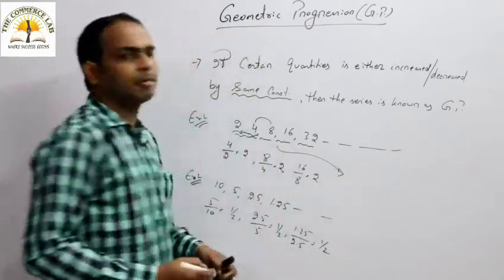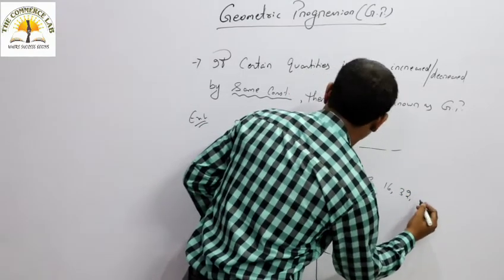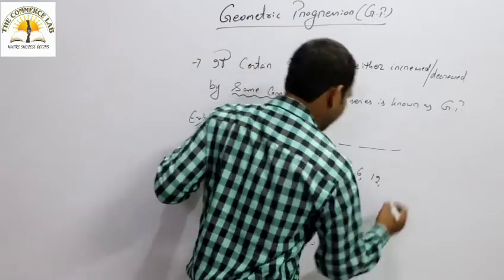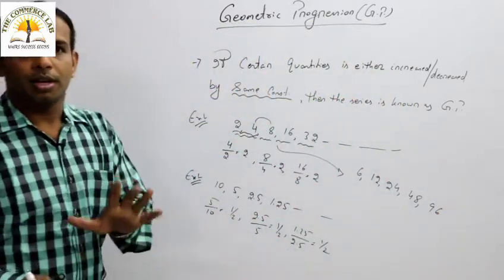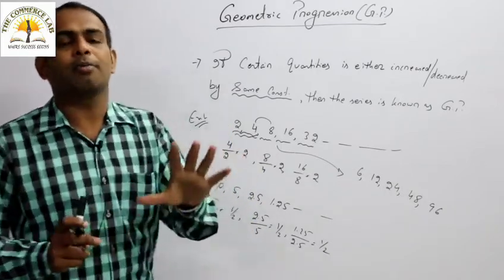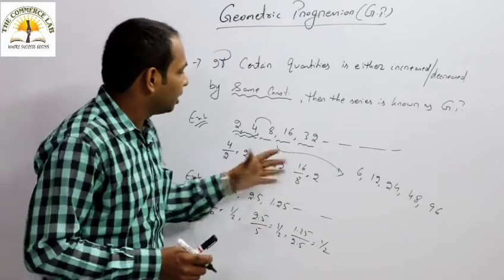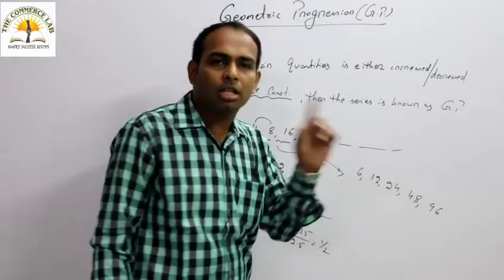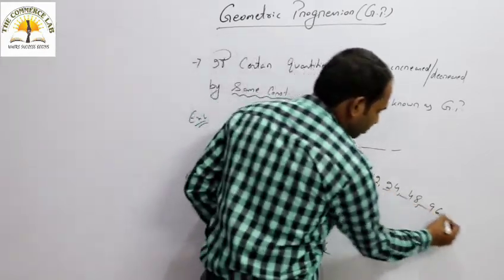If we multiply this series by 3, the new series becomes 6, 12, 24, 48, 96.